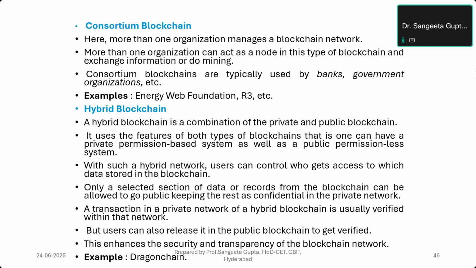Hence, the features of both public and private blockchain are incorporated as a hybrid blockchain network. This enables the users to enhance the security feature and also the transparency features of the blockchain network. An example of such a blockchain is Dragonchain.